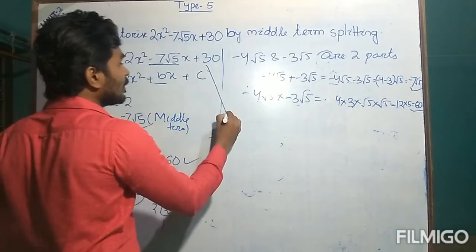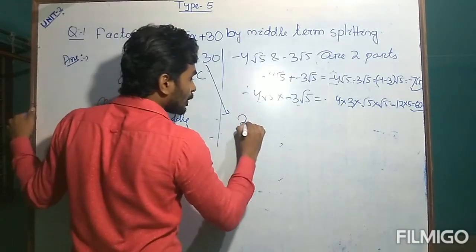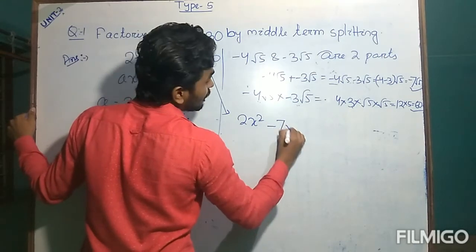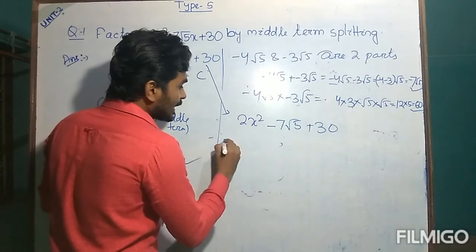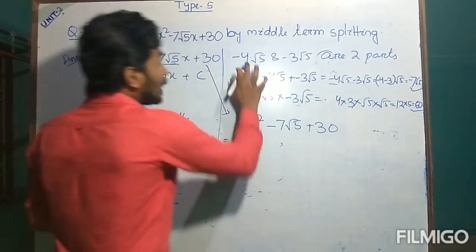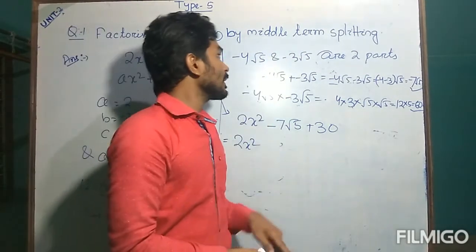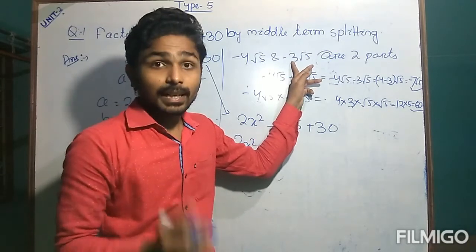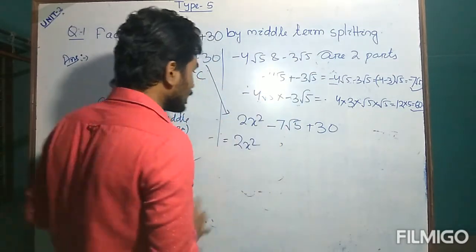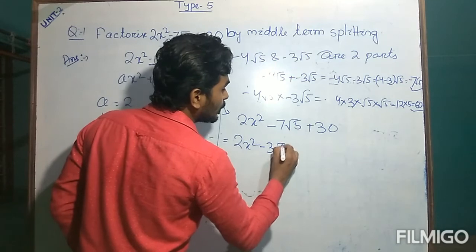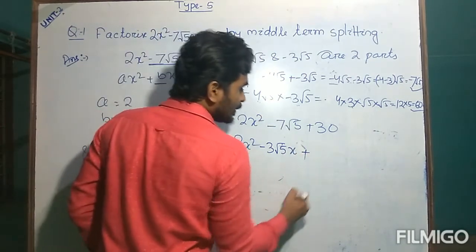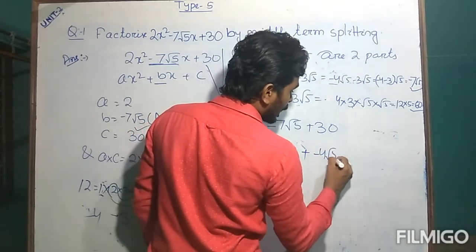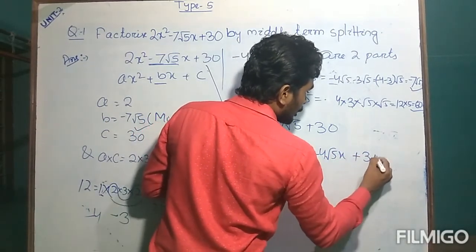Hence, you can now convert this quadratic polynomial 2x square minus 7 root 5 x plus 30 using these two numbers. Okay, since minus 3 is greater than minus 4, you have to write minus 3 root 5 x first, then add minus 4 root 5 x, then plus 30.